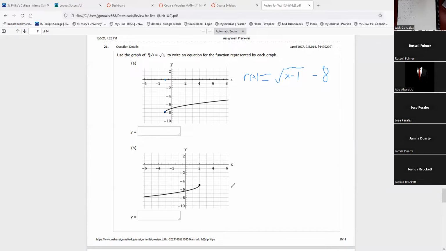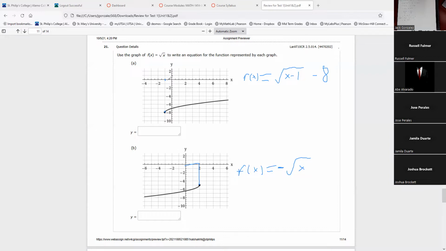And that's it. This one has been shifted this way, down 5, and then reflected. So this would be negative in front. x.